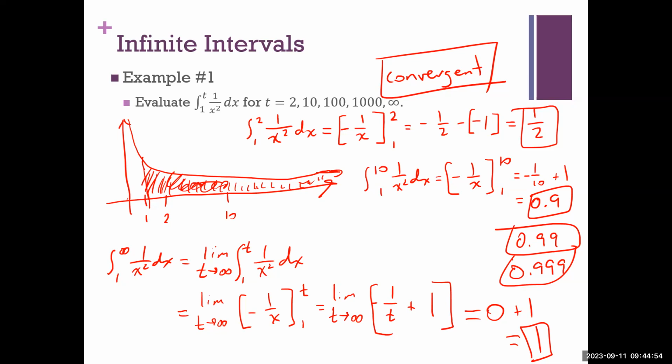We got a value for that. It's probably more useful to think about the definition of convergence for these integrals. If the integral yields a number, then it converged to that value. If the integral fails to do that, it diverges. So we've seen one example of each so far.